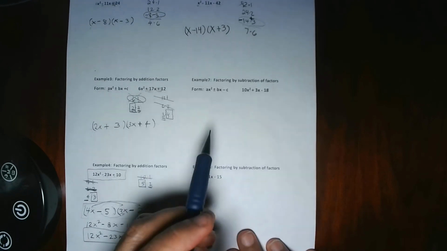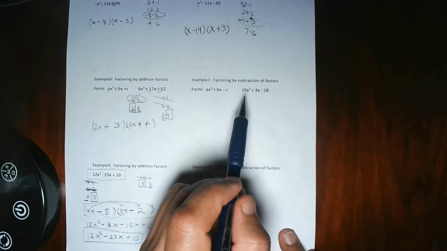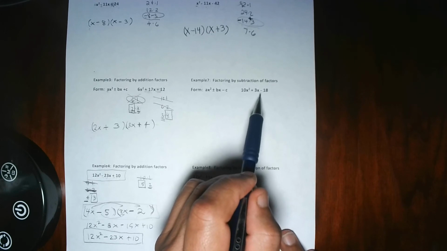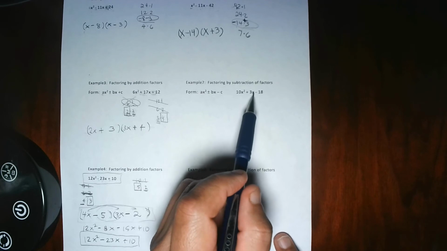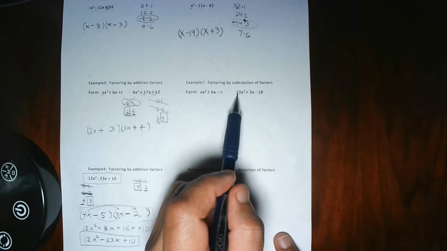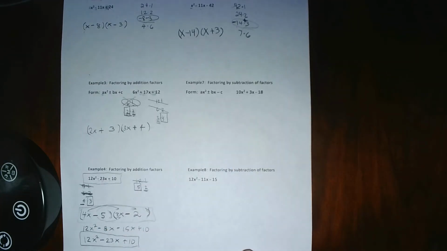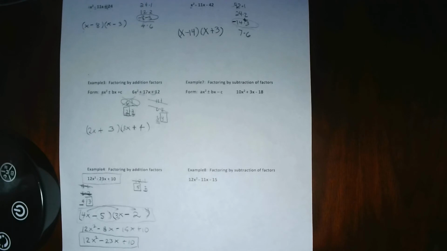Example 7 says, again, we're factoring by subtraction, but now we have a positive 3 here, but we also have a number on this side, right? So we want to make sure that we figure out how to do this. Okay, let me focus this. I think that's good right there.